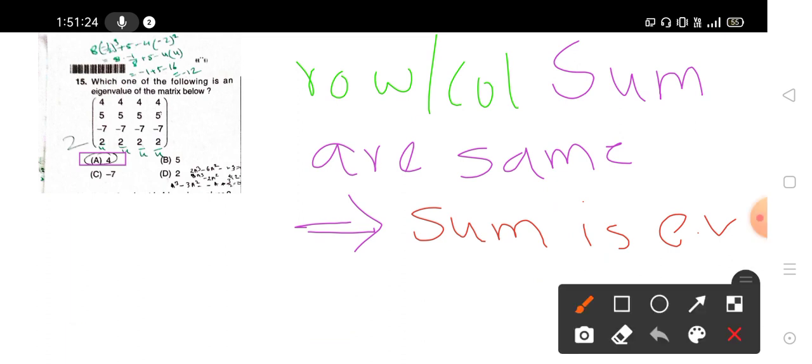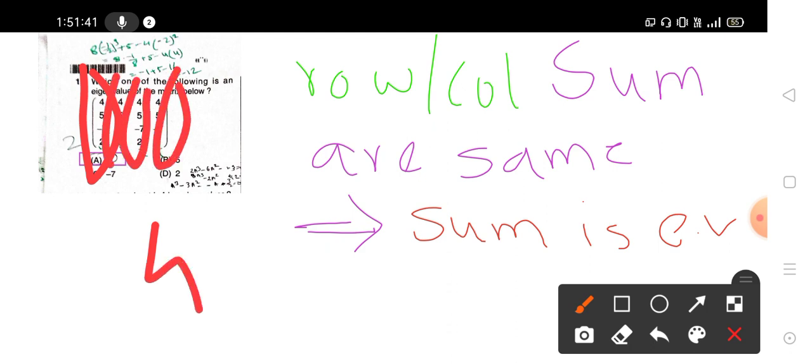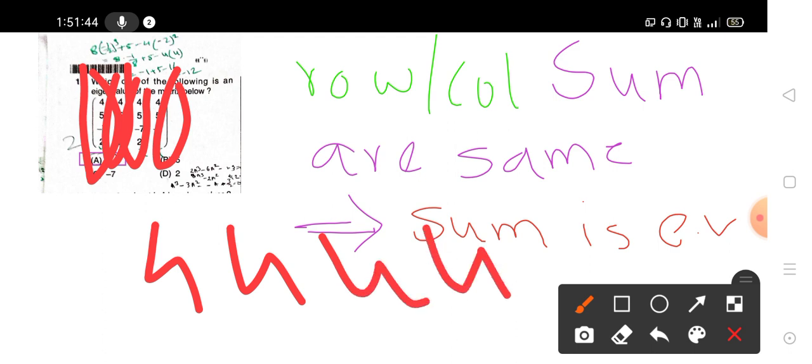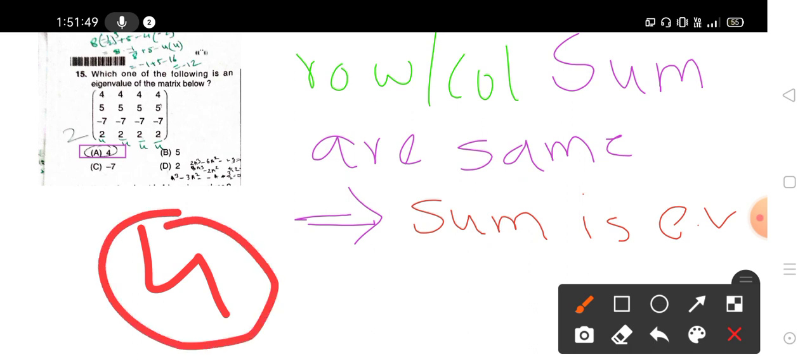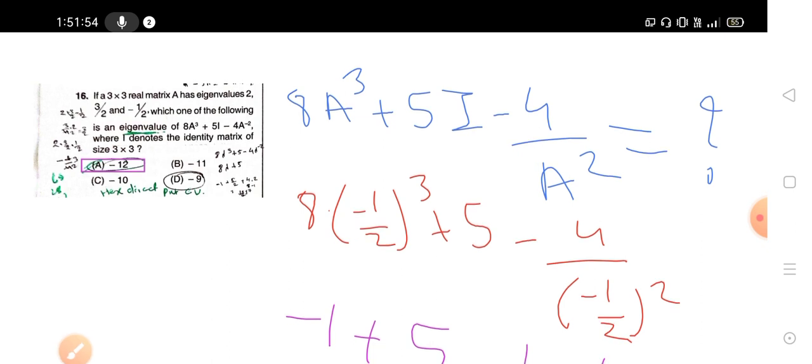Here check the column sums: 4 plus 5 plus 7 plus 2, that is 4 plus 5 plus 7 plus 2, which gives 4. Checking all columns, 4, 4, 4, 4 is the same answer. Therefore 4 is an eigenvalue. Option A is correct.